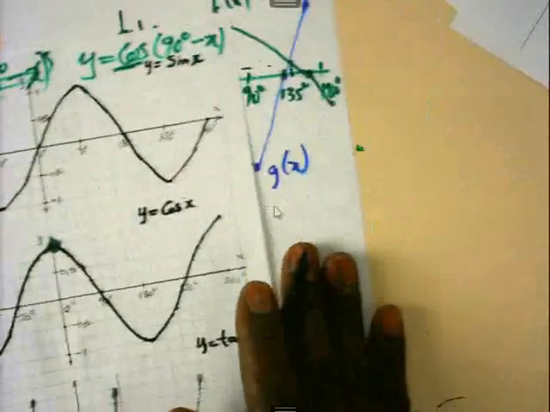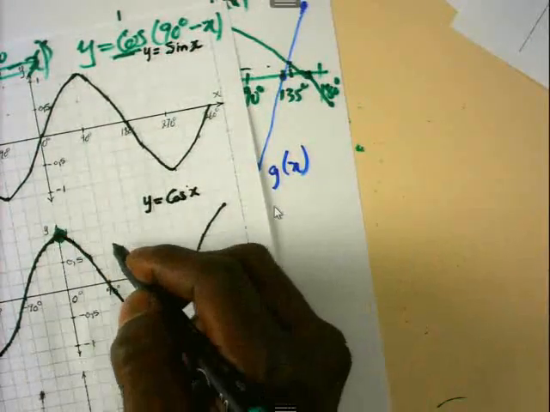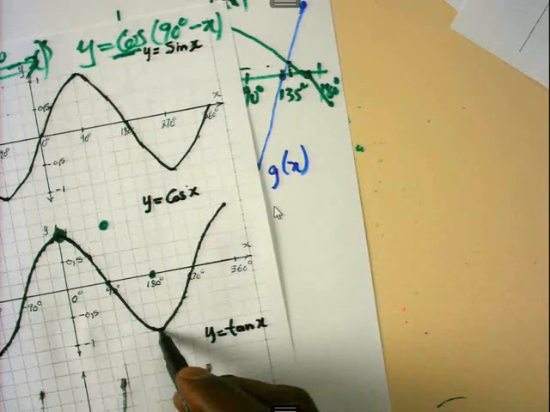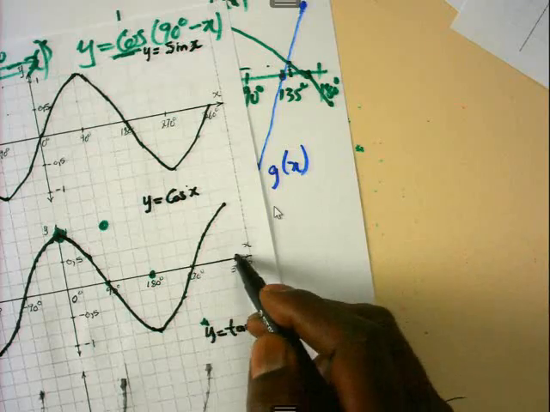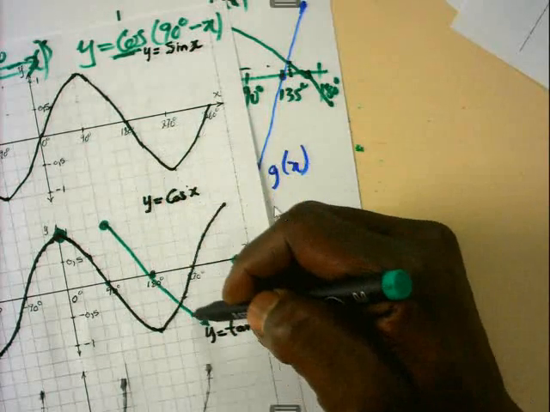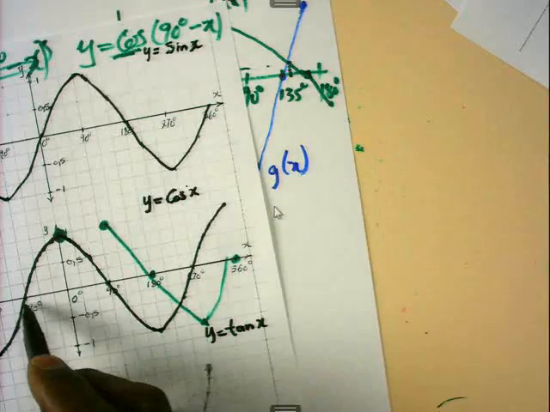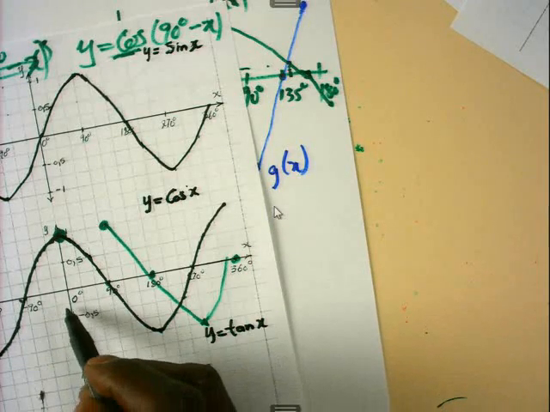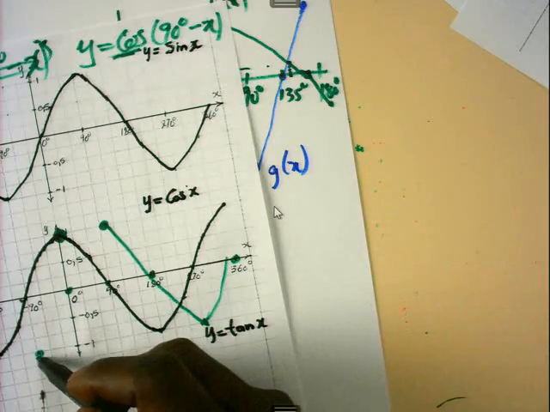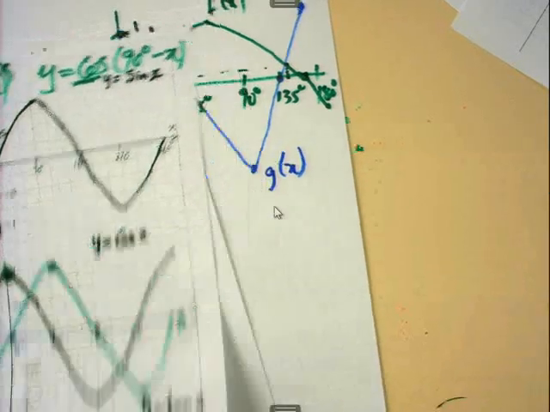So if we've got to do that, this point must move there, this point must move there, that point must move there, that point must move there, and we'll be having this kind of a sketch. Remember, we've got that point that must move there, and we've got that kind of a curve.